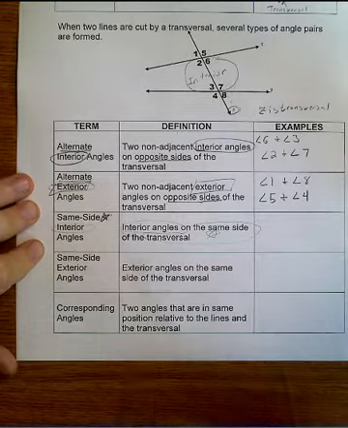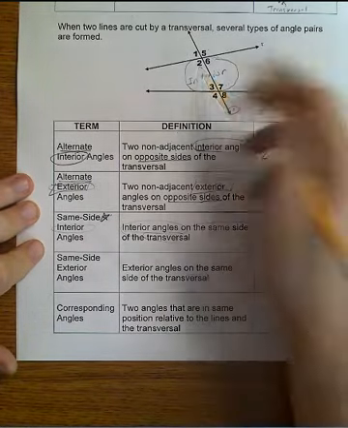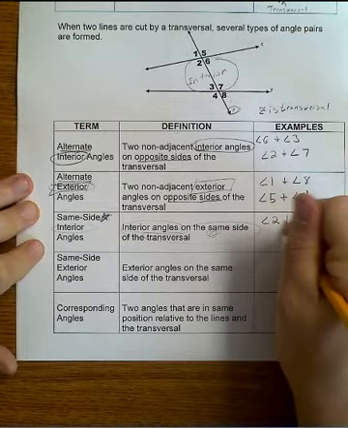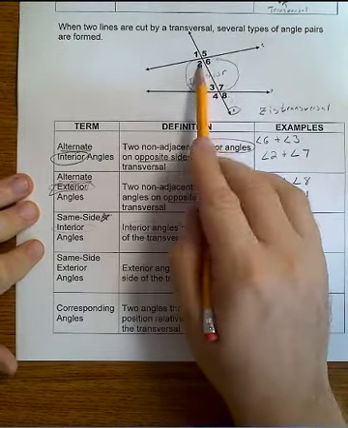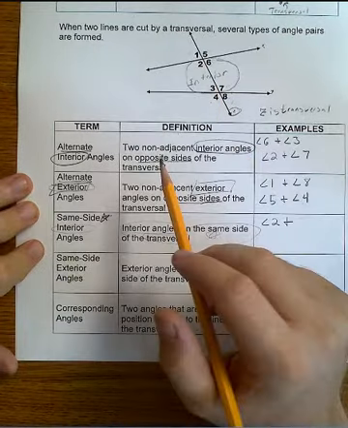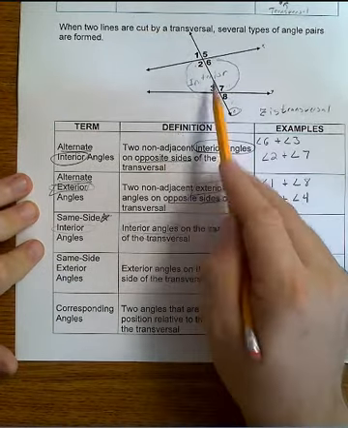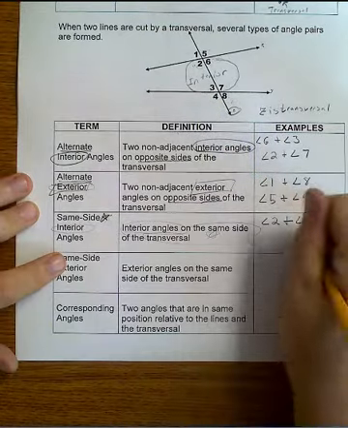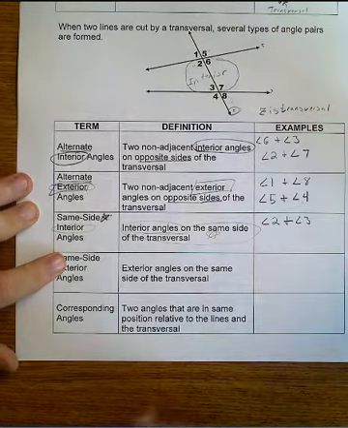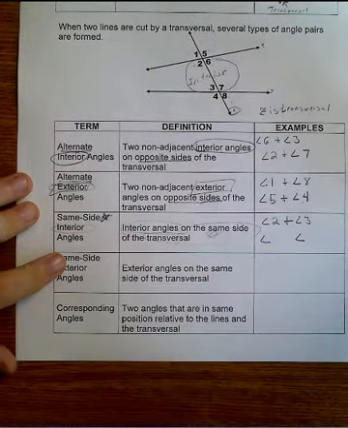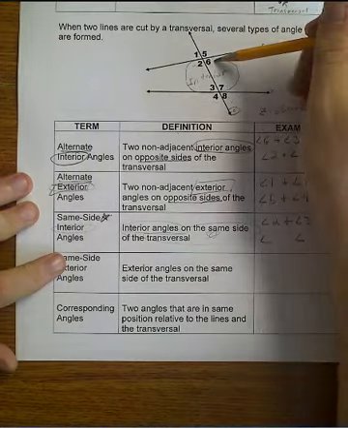So again, I'm going to start with angle 2. This one is an interior angle. Now, it's not 6. 6 is the linear pair. That's not what I'm looking for. I'm looking for the opposite line. So 2 and 3 would be same side interior. My other pair would then be 6 with 7.